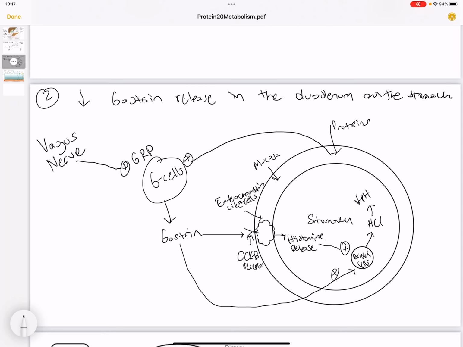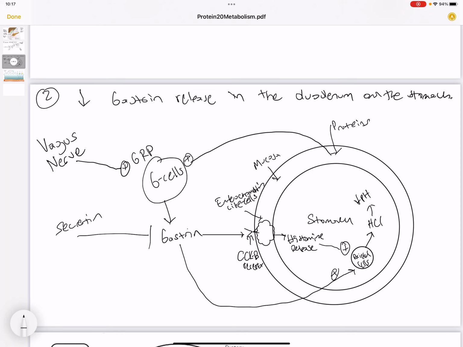Now, secretin is going to block this. Secretin is going to come in and block the release of gastrin in the stomach as well as the duodenum.